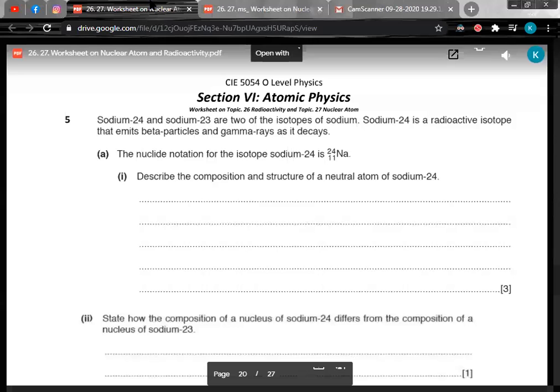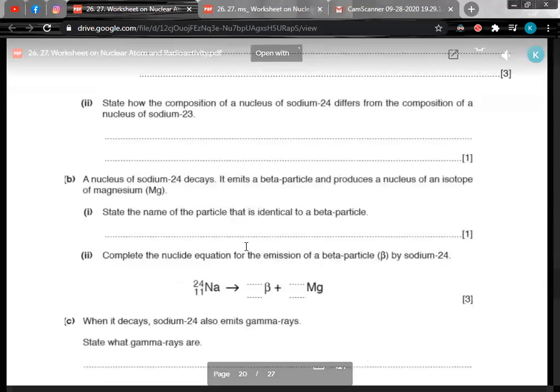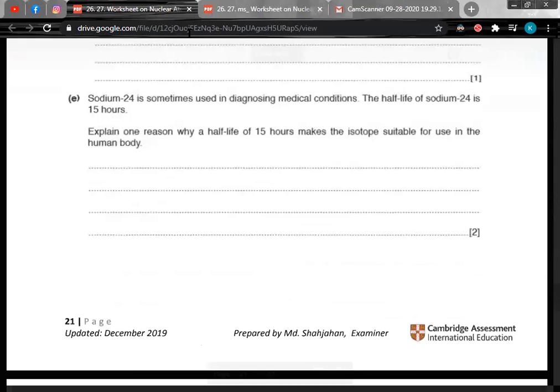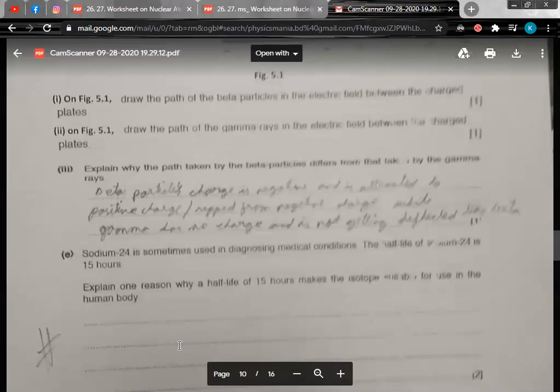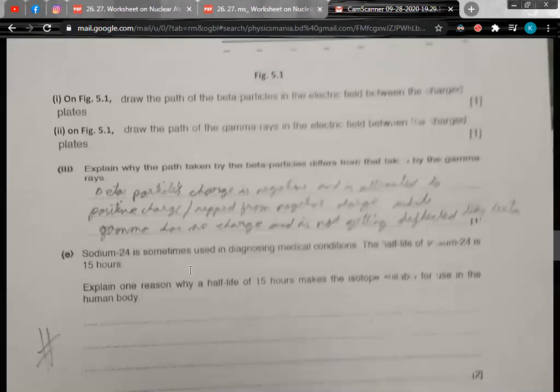Okay, you understand it. What did you write? Just tell me what you wrote. Yes, sir. Beta particle charge is negative and is attracted to the positive charge, repelled from the negative charge, with a dash sign over here to show this.